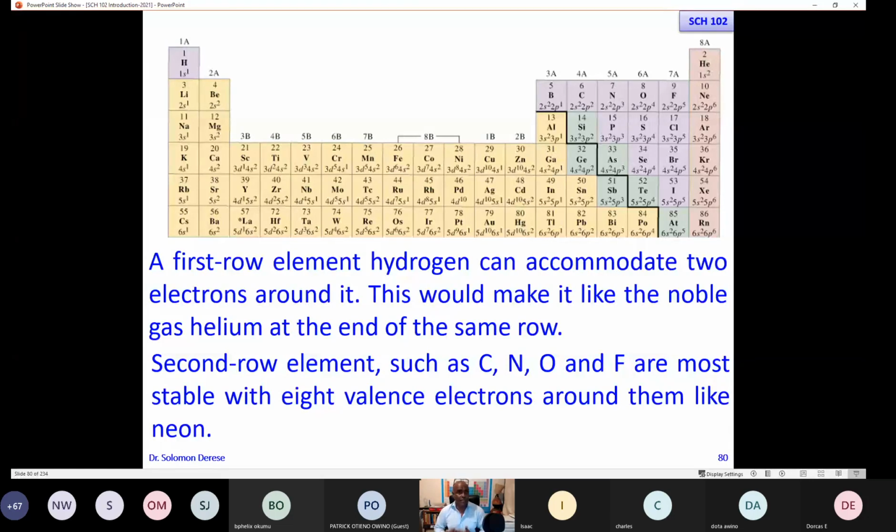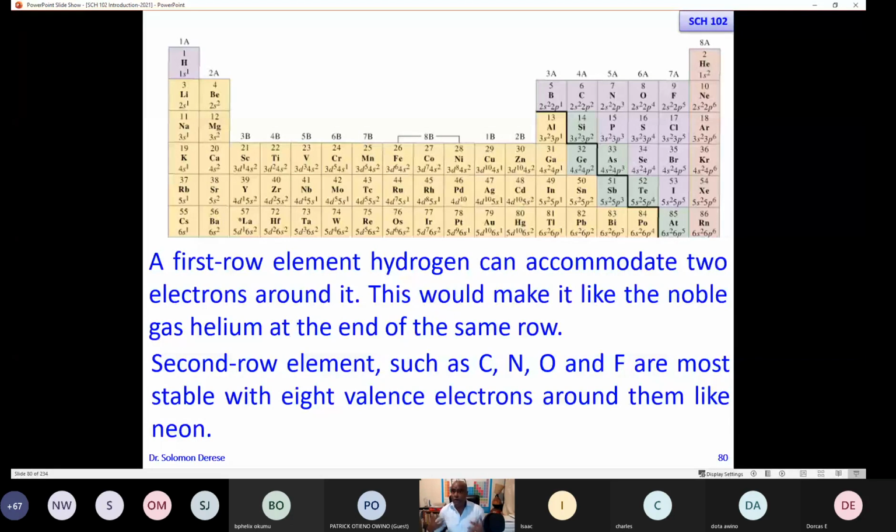So for example, if you take carbon, it has 4 electrons in its valence shell. To have an octet, to have 8 electrons, it will need an additional 4 electrons. It acquires these additional 4 electrons through covalent bonding.